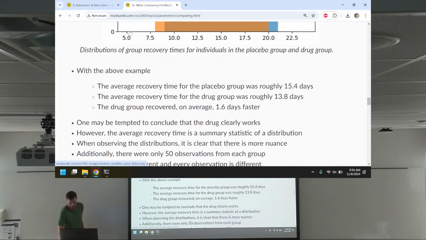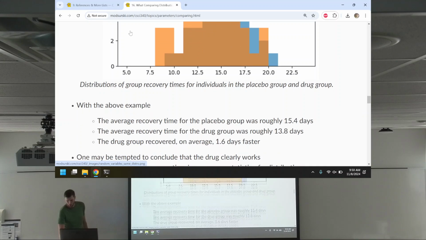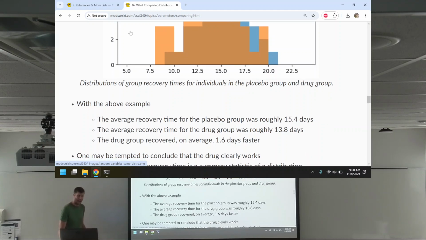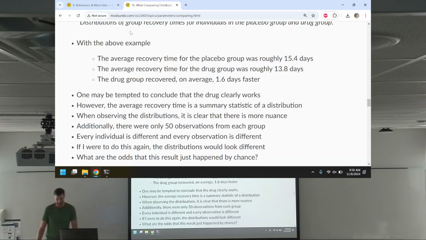All right, so with the above example, the average recovery time for the placebo group was 15.4 days. The drug group was 13.8 days. The drug group recovered, on average, 1.6 days faster. One may be very tempted to conclude that the drug clearly worked. However, the average recovery time is a summary statistic of a whole lot of information, a whole distribution.